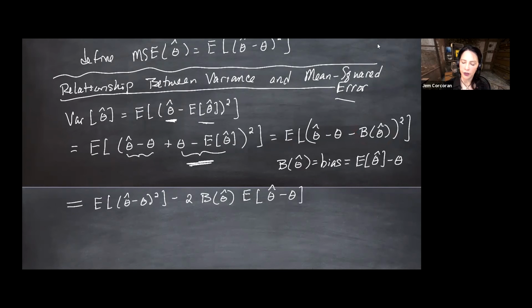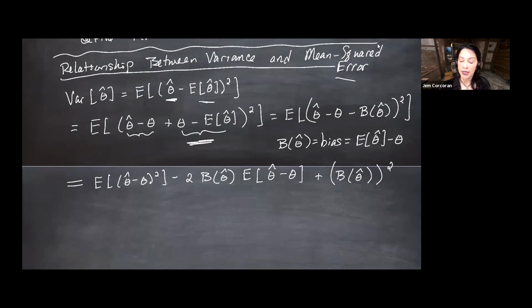And then the final term is going to be the bias squared. Again, bias is not random. So stop me if that doesn't make sense. But this guy, if you run the expectation through, you get the expected value of theta hat minus just theta, because that's a constant. So you get the bias again.